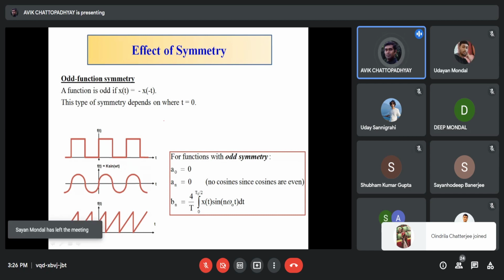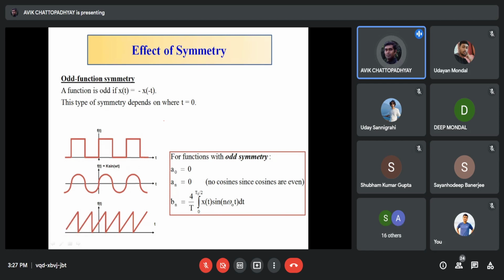Are all three of them odd signals, or is there any one or more than one which are not odd?